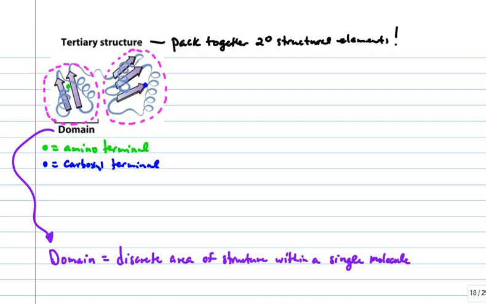So really the tertiary structure is the three-dimensional or folded structure of the protein. Again, what dictated this folded structure? It goes back to primary structure, the linear sequence of amino acids.